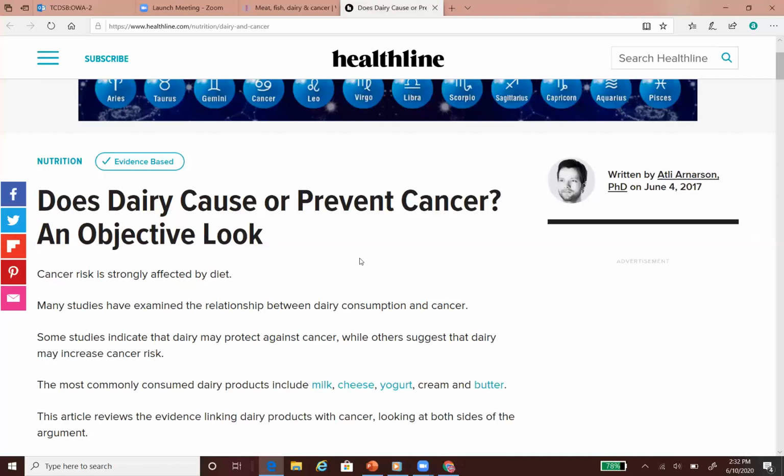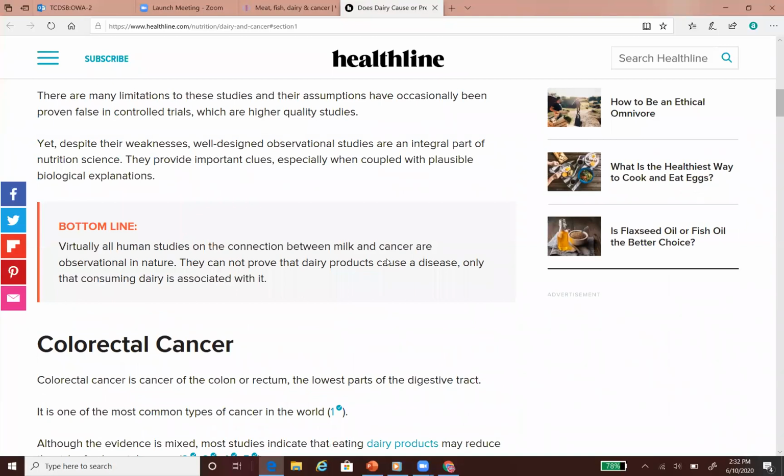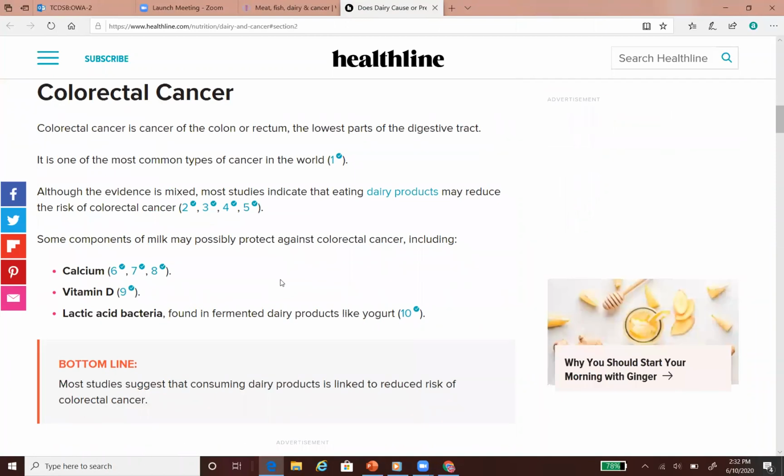You could look at other studies. For example, here, this is looking at milk and cancer. It says here, we cannot prove that dairy products cause disease. What is the bottom line with colorectal cancer? Most studies, not one study, we're looking at many studies, suggest that consuming dairy is linked to reduced risk of colorectal cancer.